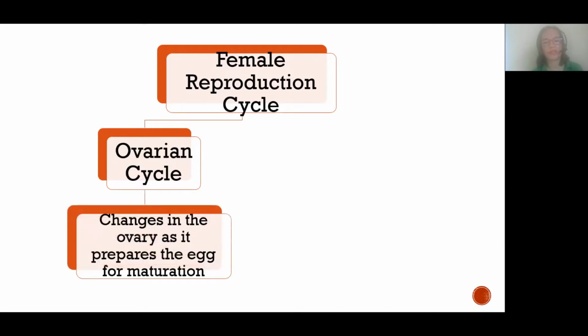What do you think is happening in the ovarian cycle? The ovarian cycle is the changes in the ovary as it prepares the egg for maturation. We know that the egg cell is in the ovary.